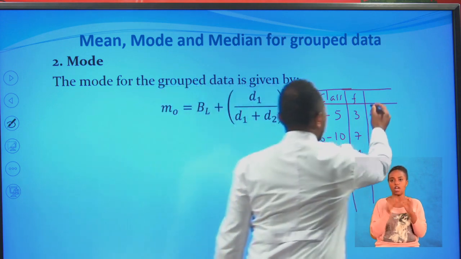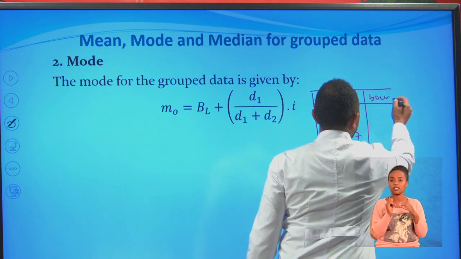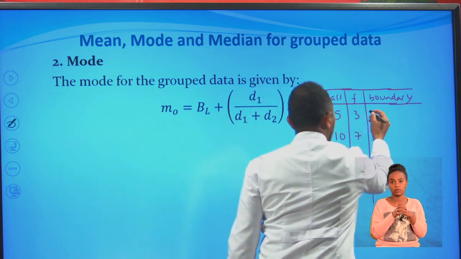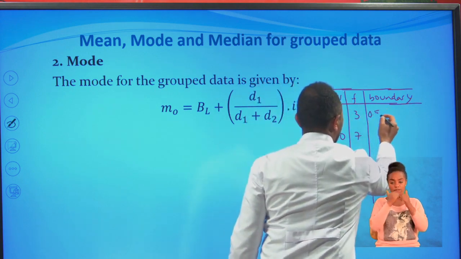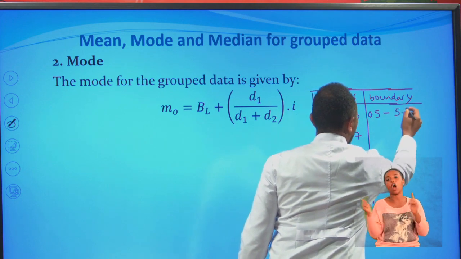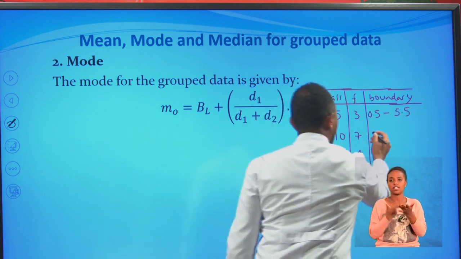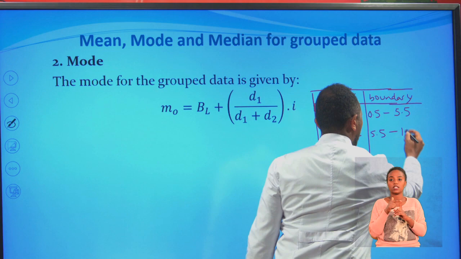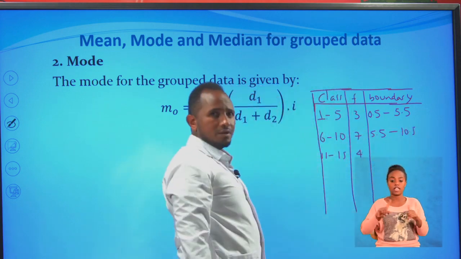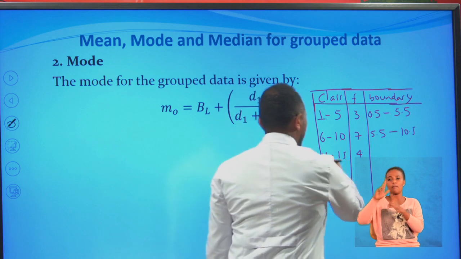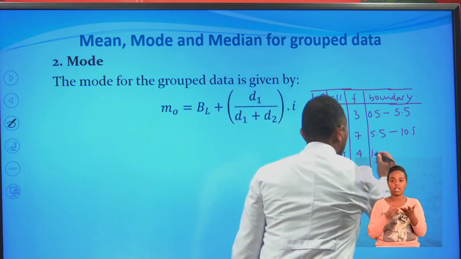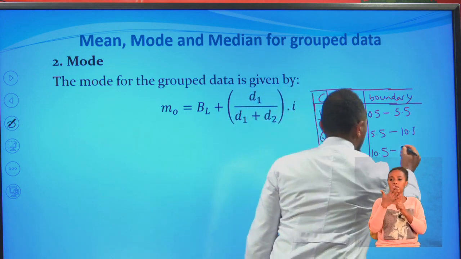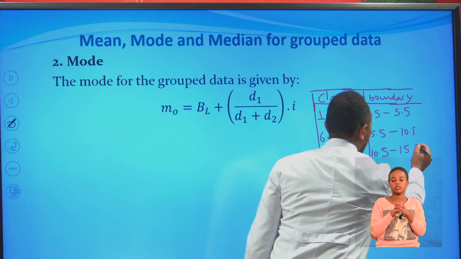So for the class boundary here, you subtract 0.5 and it becomes 0.5 up to 5.5. This one is from 5.5 up to 10.5. You subtract from the lower limit and add on the upper class limit. So here you have 10.5 up to 15.5.